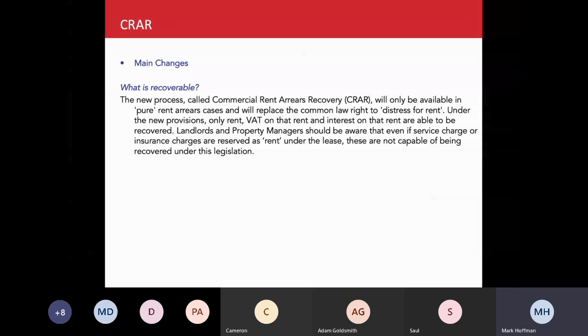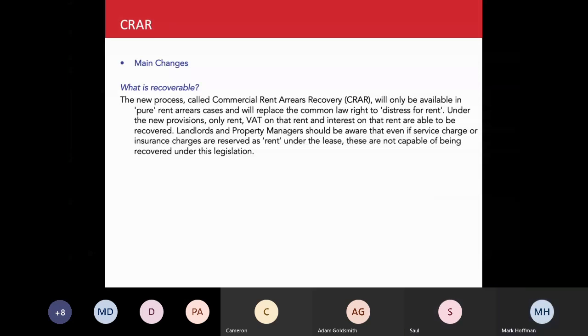If you have a mixed use property, i.e. a shop on the ground floor and a flat upstairs, then the CRA will only apply to the ground floor.